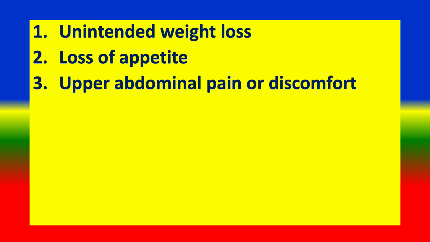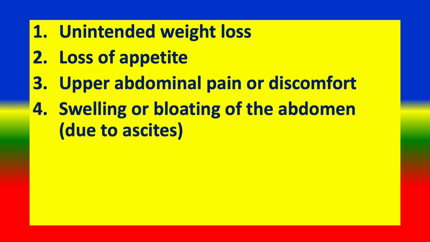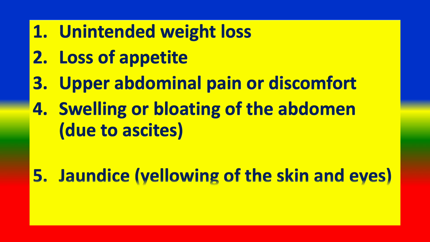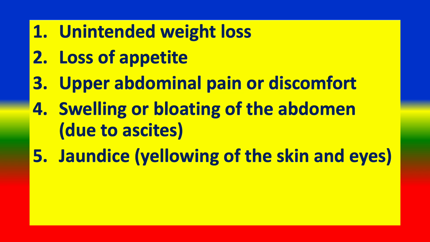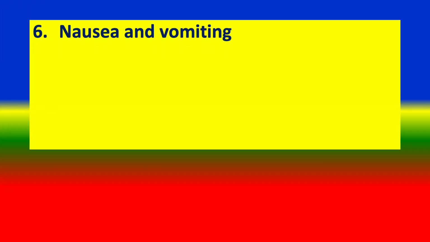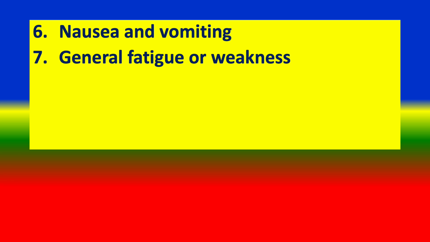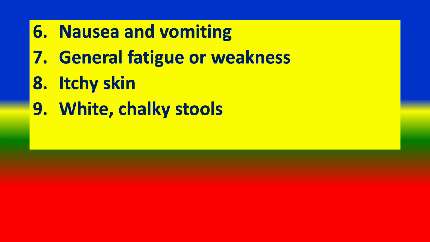Upper abdominal pain or discomfort. 4. Swelling, bloating of the abdomen. 5. Jaundice, yellowing of the skin and eyes. 6. Nausea and vomiting. 7. General fatigue or weakness. 8. Itchy skin. 9. White chalky stools.